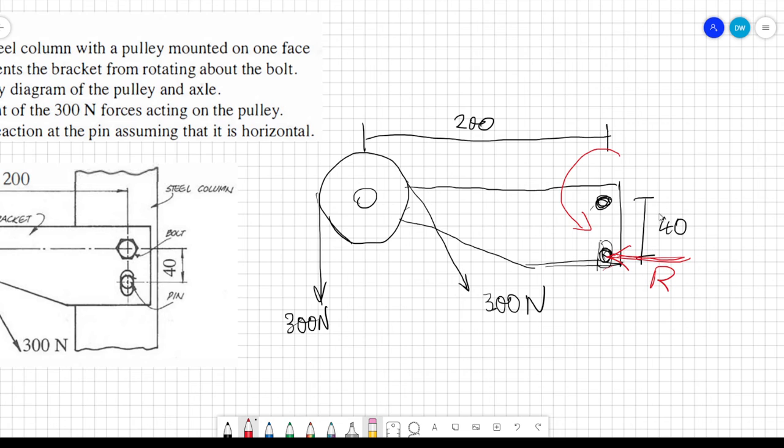To cancel out the moment generated by the weight dragging down here, because you have forces at a distance to the center, it's trying to spin the whole thing, but a reaction here pushing against the pin stops the thing from spinning. So that is the premise of it.